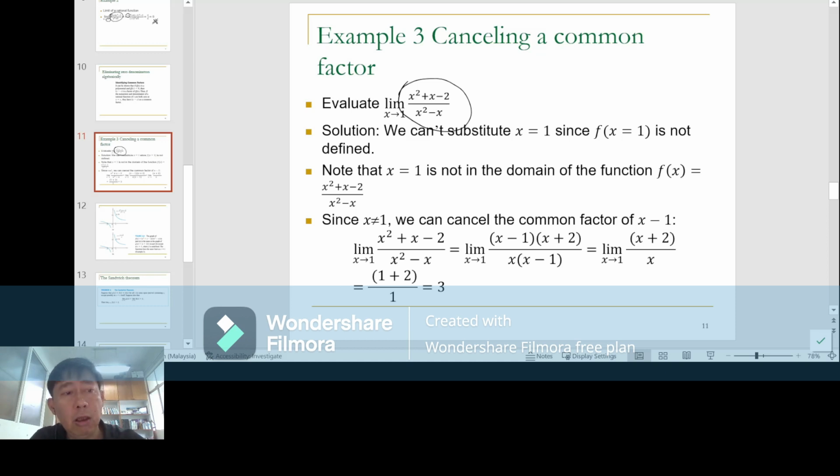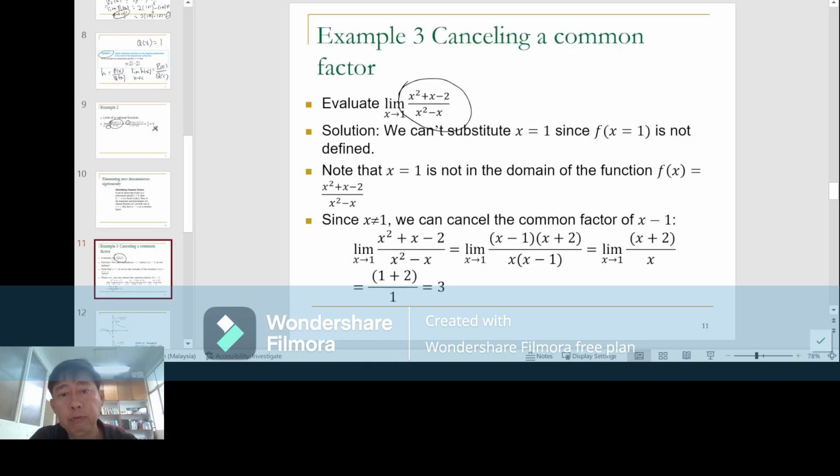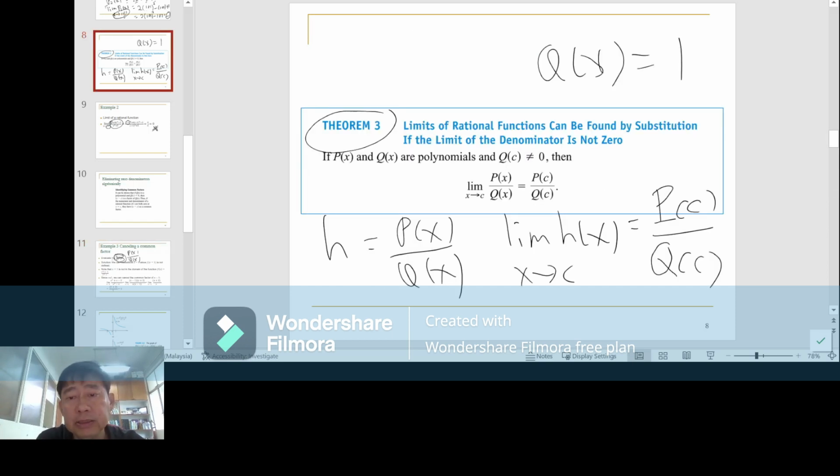The application of theorem number 3 in example 3 here has to be carried out very carefully, right? So you would think that here you have a polynomial, upstairs is a polynomial p, downstairs is a polynomial q, and if you are asked to calculate the limit of this p over q at x equals 1, according to this theorem, you just substitute the value of c into the expressions of the polynomials upstairs and downstairs.